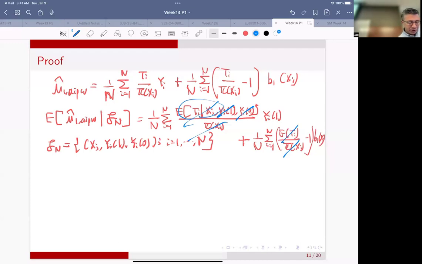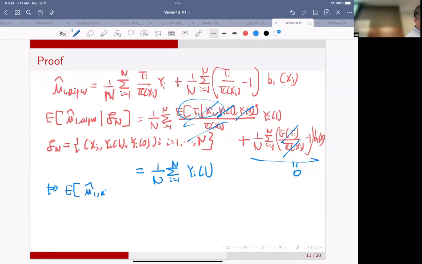Then this guy becomes zero, and then it becomes something like this: conditionally unbiased for the finite population mean of y1. Okay.